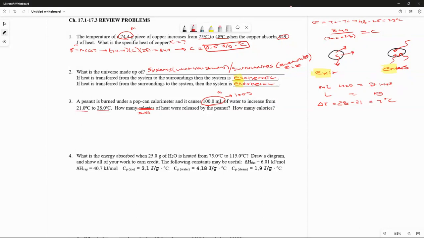And we're looking for the Q value of heat. Q equals question mark. We know the specific heat capacity of liquid water is 4.18.